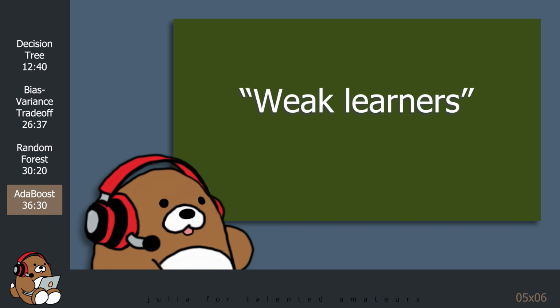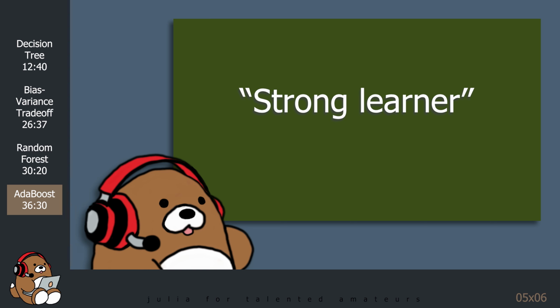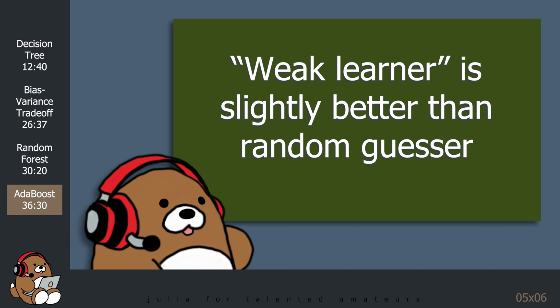The motivation behind boosting is to answer the question, can a set of weak learners create a single strong learner? An example of a weak learner is a classifier that is only slightly better at making predictions compared to a random guess.